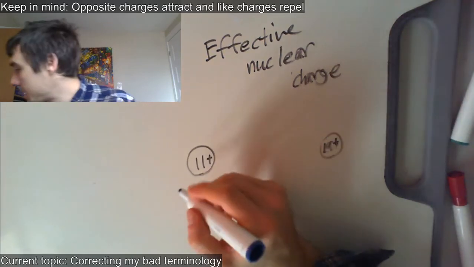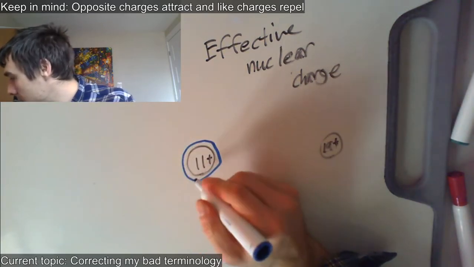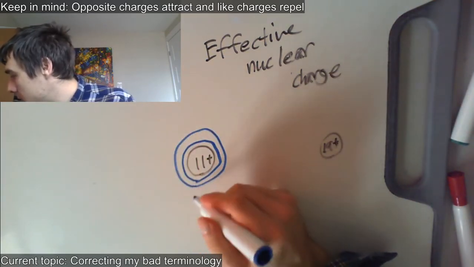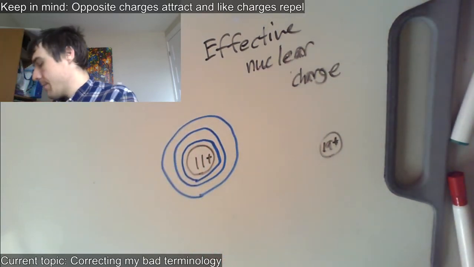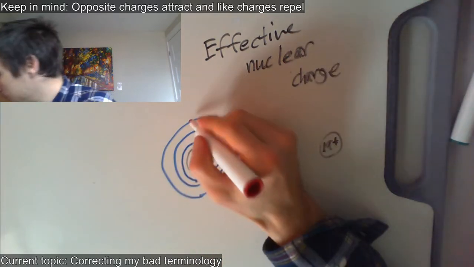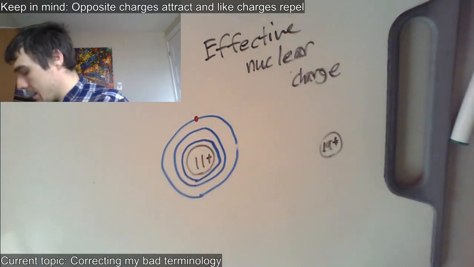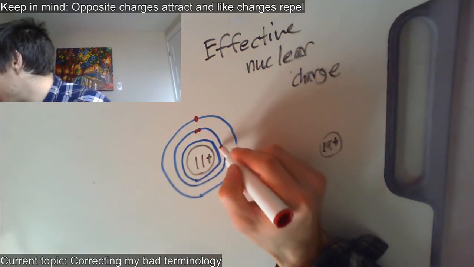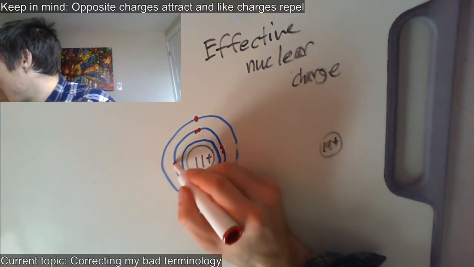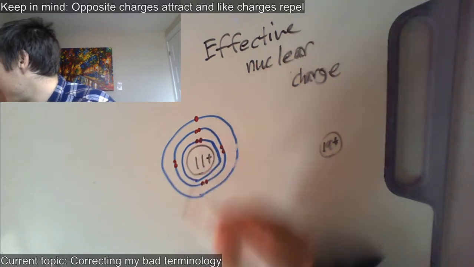Now sodium has 3 energy levels: 1, 2, 3, and 1 electron in the outer shell, 8 here, and 2 here.